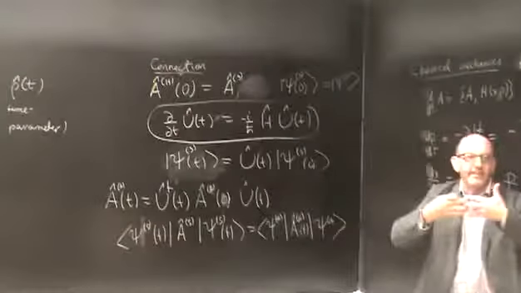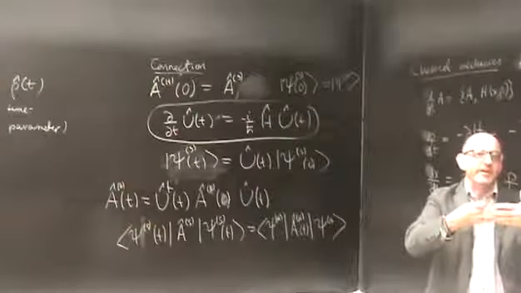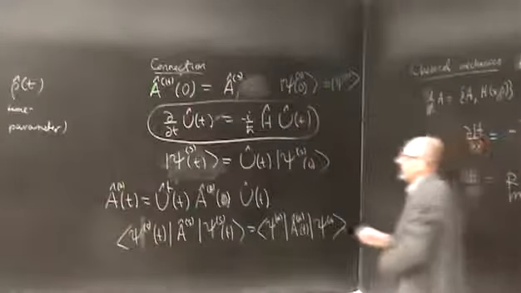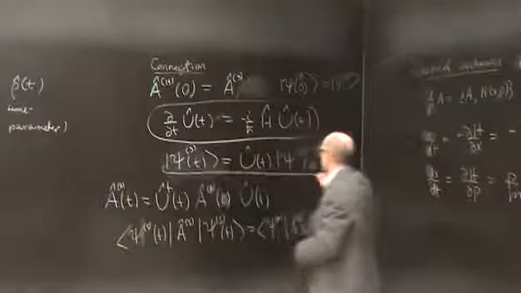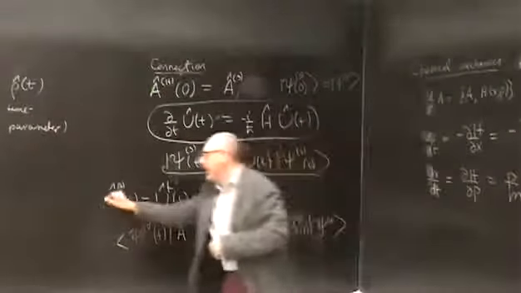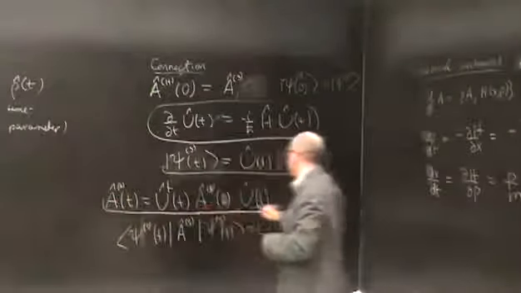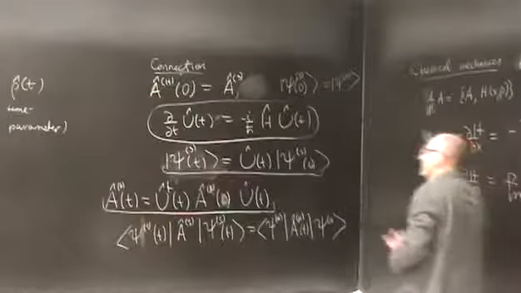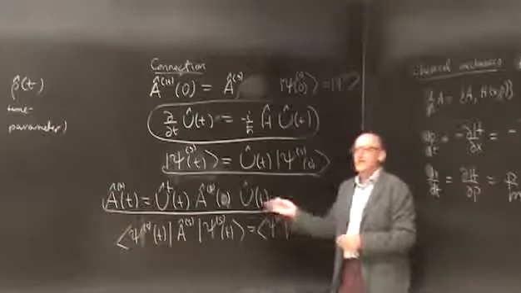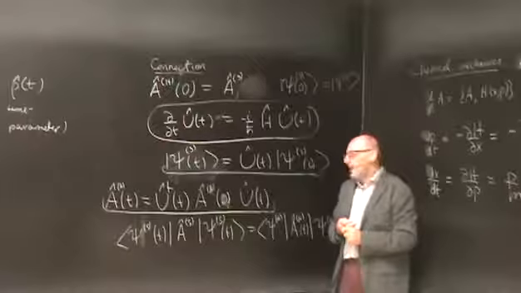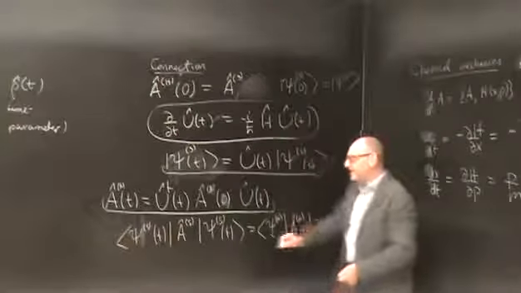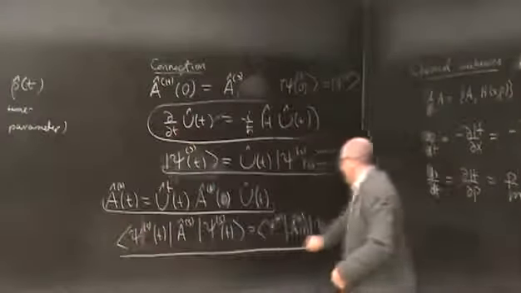So they're connected at time t equals 0, and then they evolve in time. The state evolves in this way, and in the Heisenberg picture, the operator evolves according to a unitary time evolution transformation.